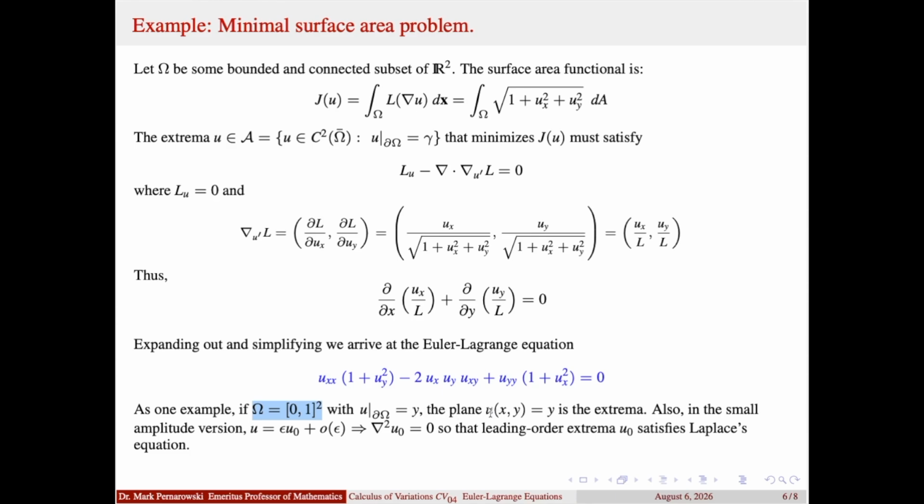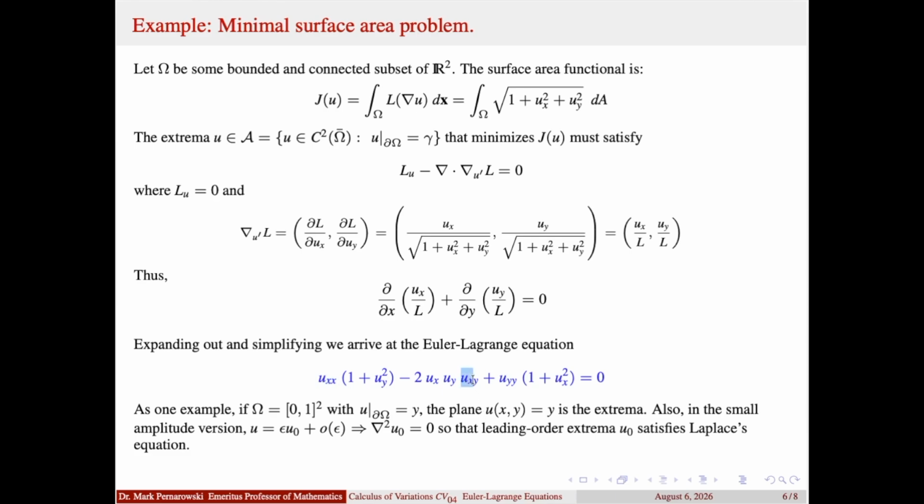And I claim that this is a formula for the extrema. Well, it certainly satisfies the boundary condition. And the question is whether or not this thing also satisfies the Euler-Lagrange equation. It's very easy to put this function into this rather messy thing here, but it's pretty clear that if I take the second derivative of that u in x twice, that's 0.